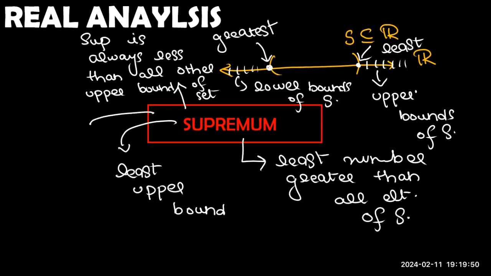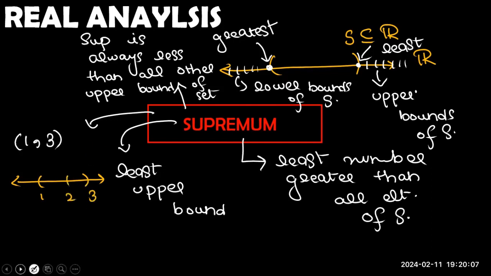So let me take the example here, which is an open interval 1 and 3. All the numbers here and here are upper bounds. So the least upper bound of this open interval will be here. So let's say S is equal to this.